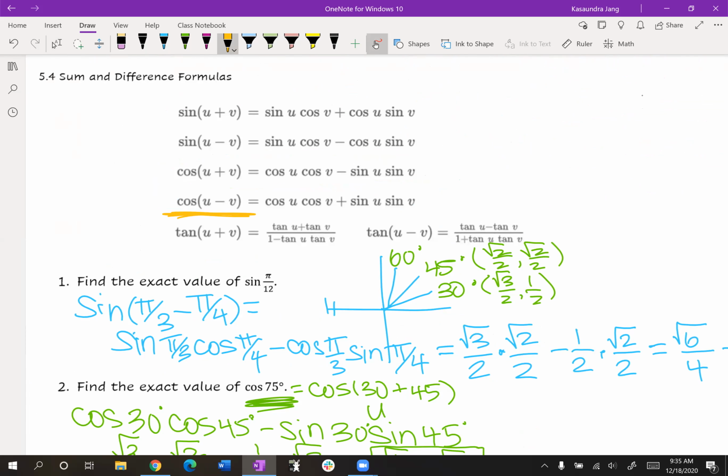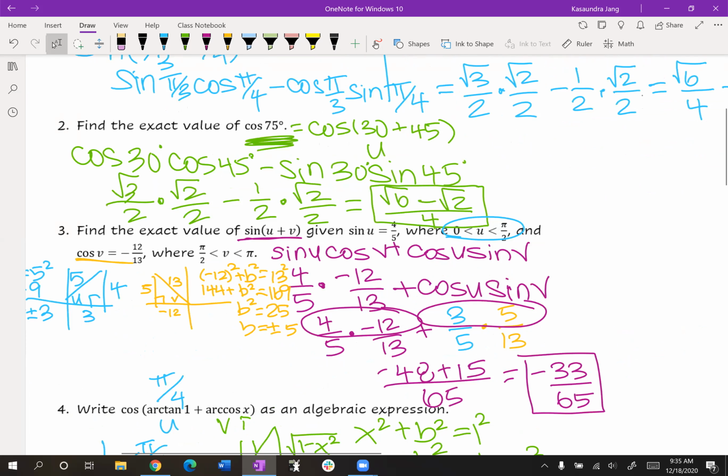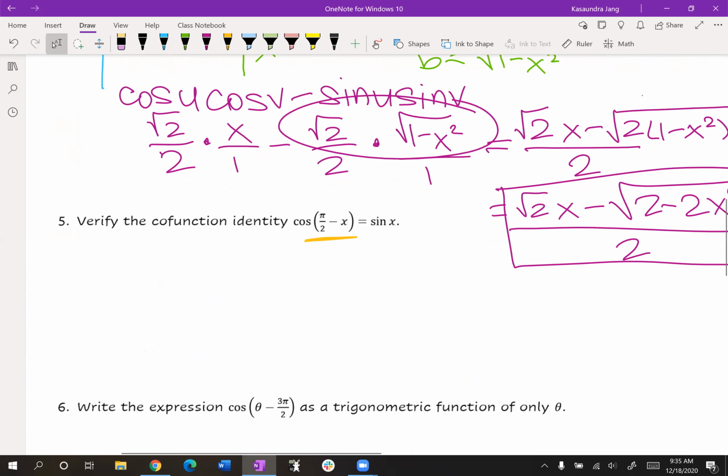So I'm going to use that formula with pi halves for my u and x for my v. So that formula, I had to do cosine of u.